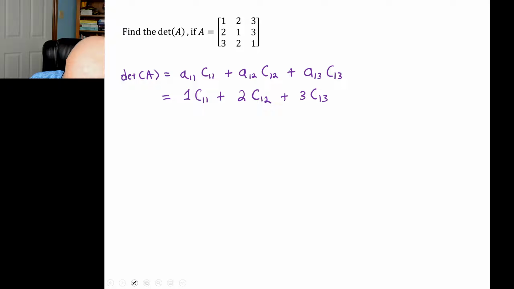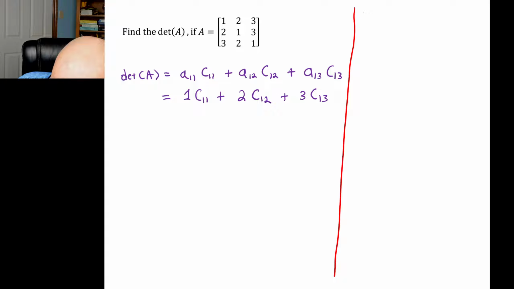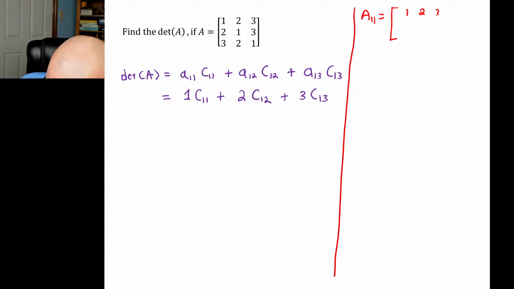Now I'm going to calculate those submatrices off to the side. A11, the submatrix A11, we delete row 1, column 1. So I'm just going to write the whole thing: 1, 2, 3, 2, 1, 3, 3, 2, 1. So we delete row 1, delete column 1. We get 1, 3, 2, 1.